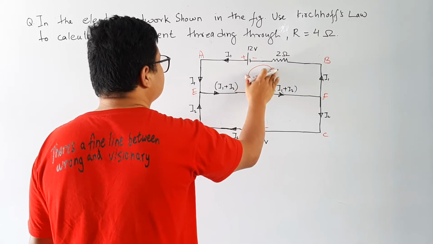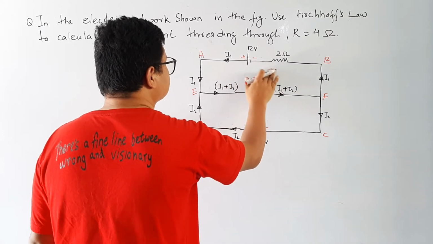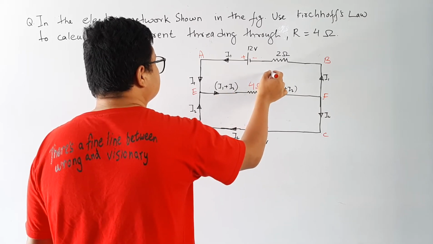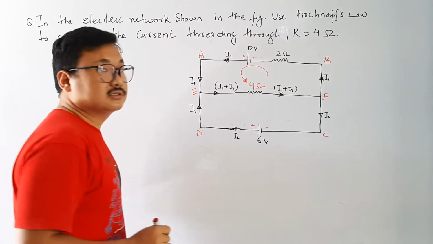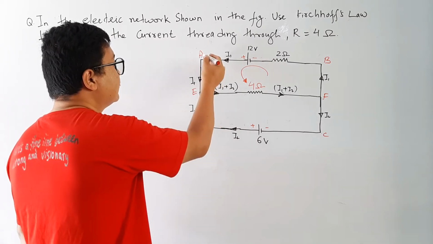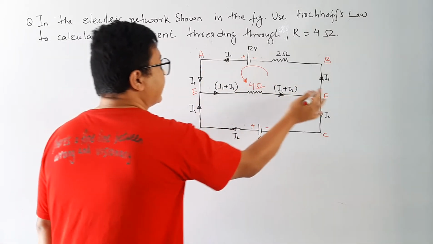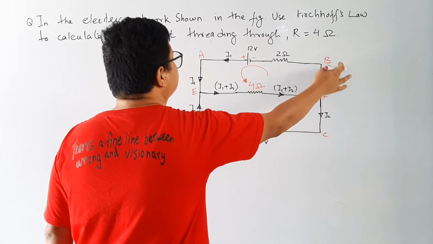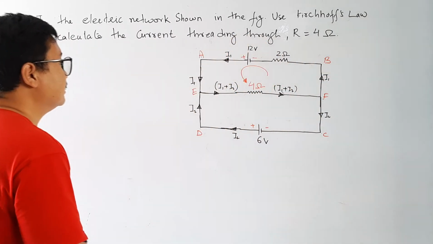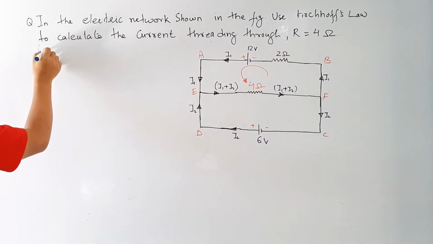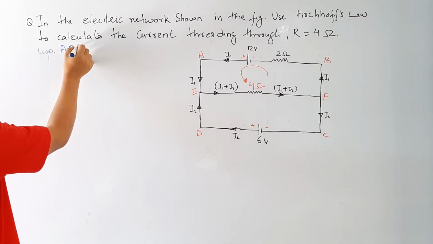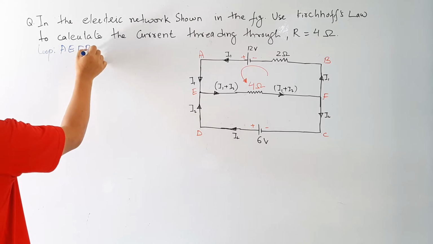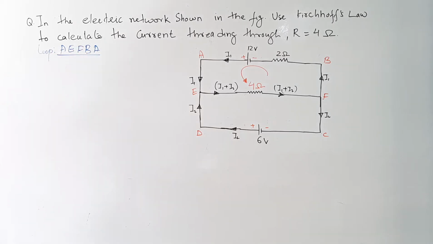In this loop I am going from A to E, E to F, F to B, and B to A. So the first loop is A, E, F, B, A.